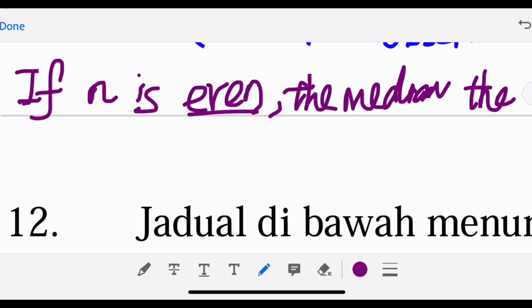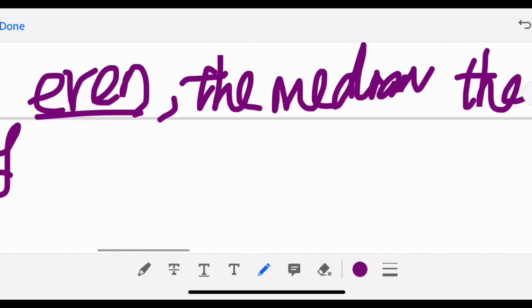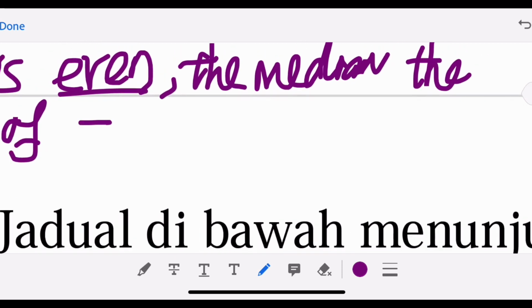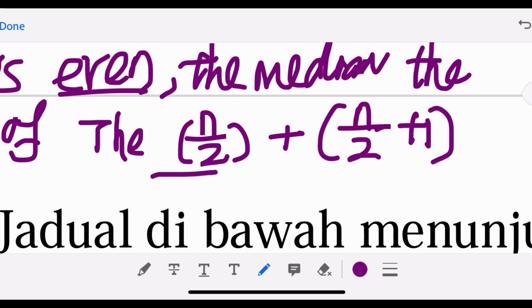So you need to find the observations, or data, at the 5th and 6th term, add the 2, and divide by 2. Do you understand? It's n over 2 plus n over 2 plus 1, and you divide by 2.